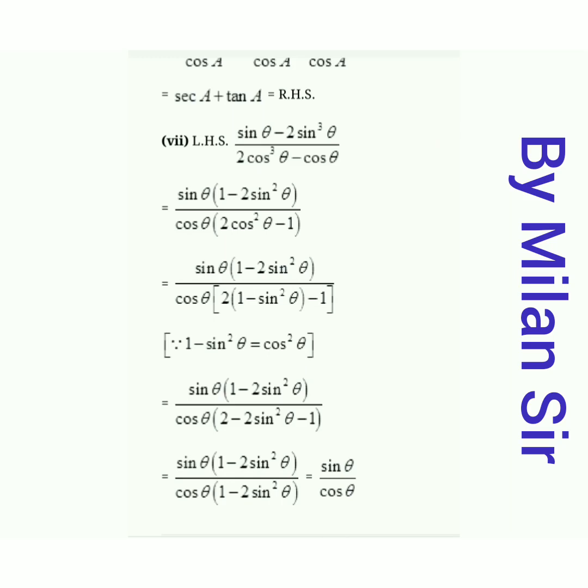Now in the numerator, in both terms sin theta is there, so we can take sin theta as common. So sin theta is cancelled from the first term, and in the first term nothing is remaining, that means we need to write 1. Then minus sign is there, so minus. Then 2 sin cube theta, first of all 2 as it is, sin cube theta. Out of that, 1 times sin theta is common, so sin square theta remains.